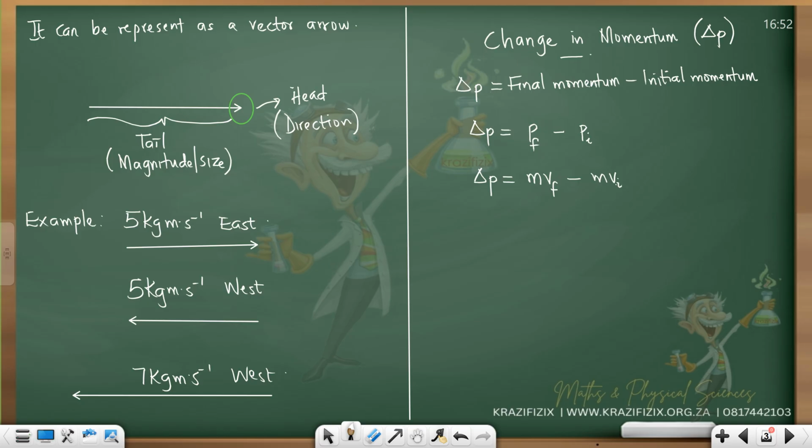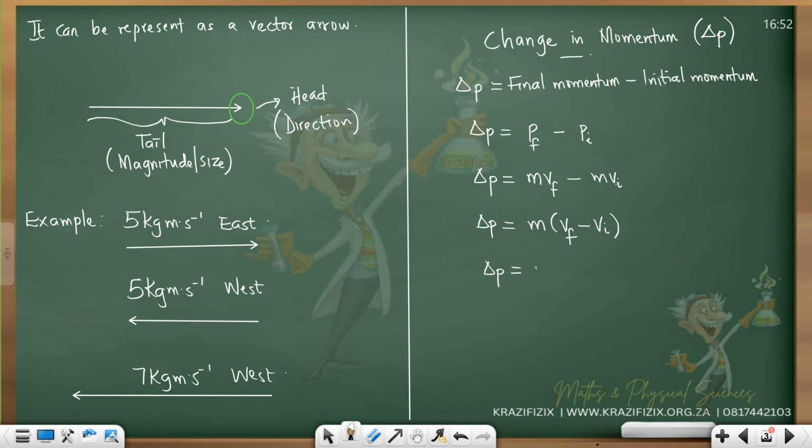Are we good with that? So we can say the change in momentum can be written as m times (vf minus vi) if I factorize.